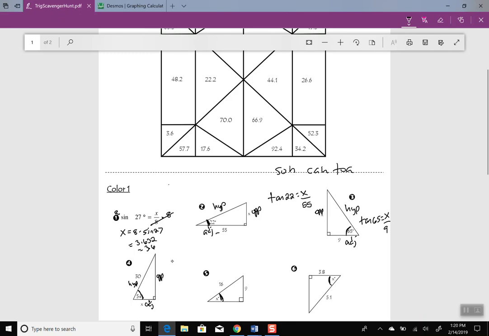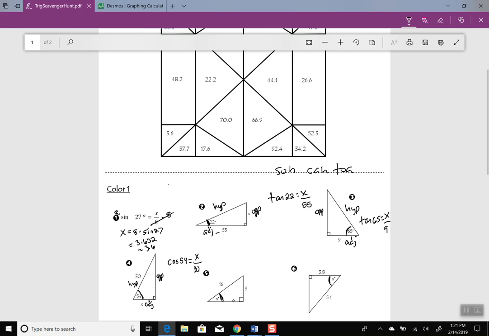So cosine of 54 degrees equals the adjacent side, x, over the hypotenuse, 30. You can see these are all being set up the same way, and the way to solve these is to multiply by whatever the bottom number is on both sides.